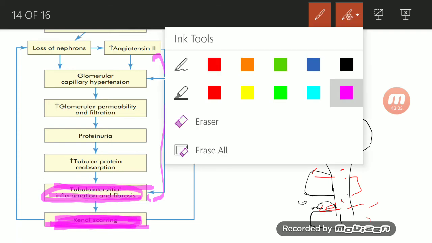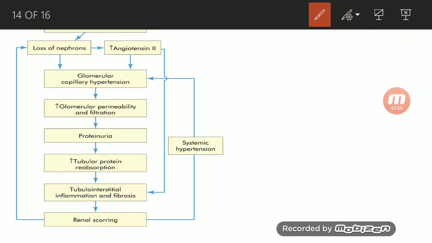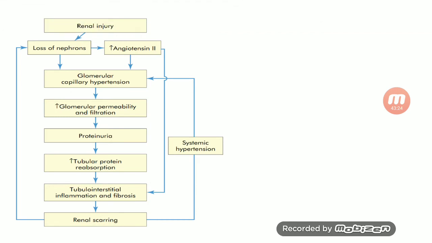Along with that, you have systemic hypertension occurring. Systemic hypertension again will lead to increased capillary hypertension. So this is the pathogenesis of your chronic renal failure.